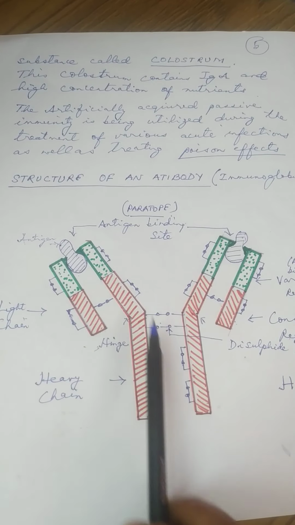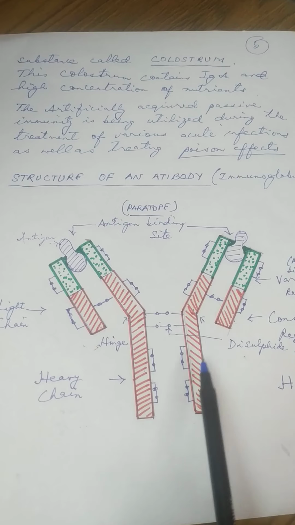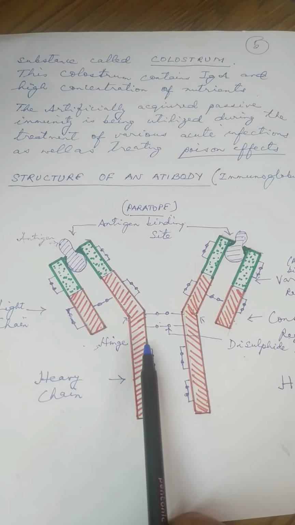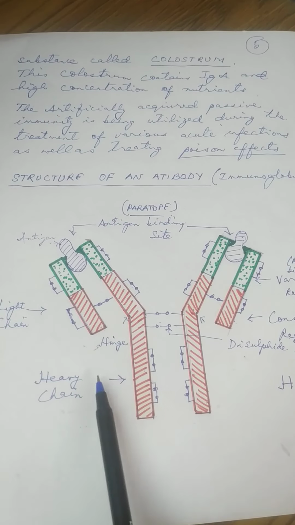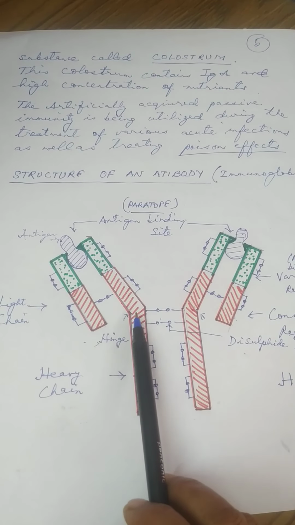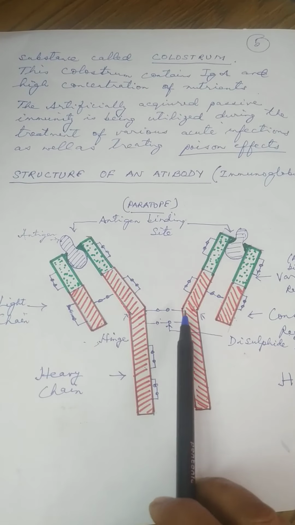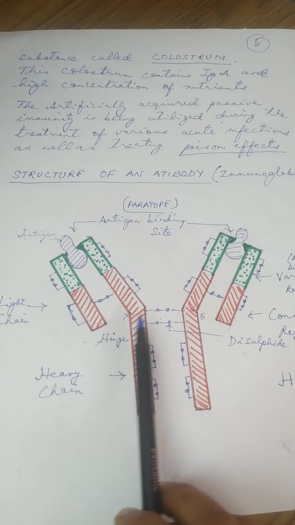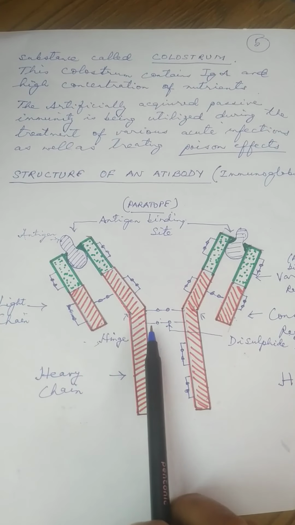So the arm and the stem are connected together at a point which is called the hinge. So this hinge constitutes the flexible part of an antibody molecule.